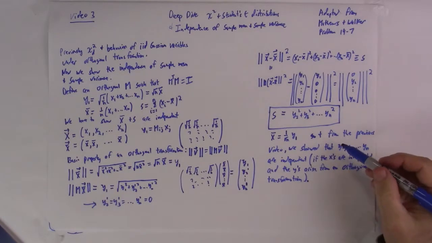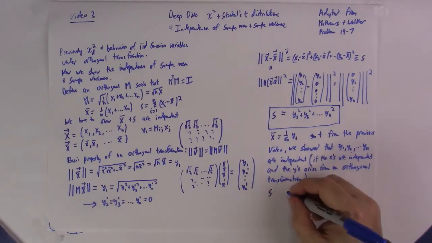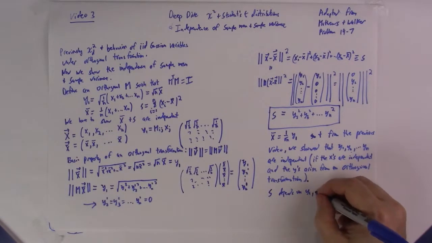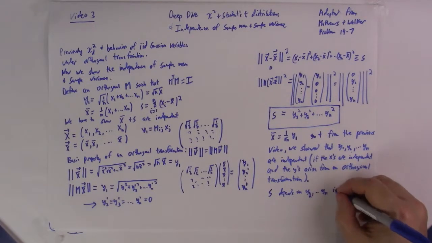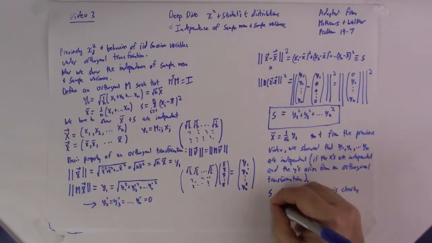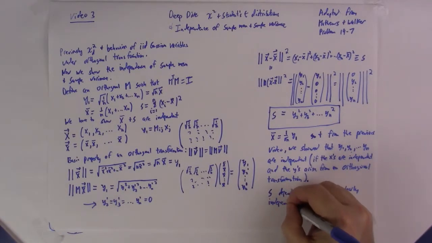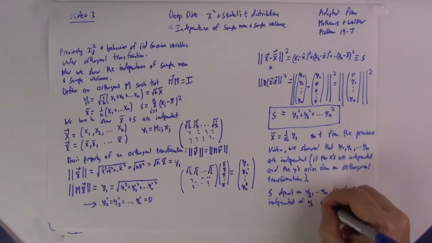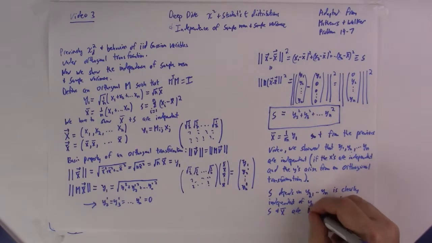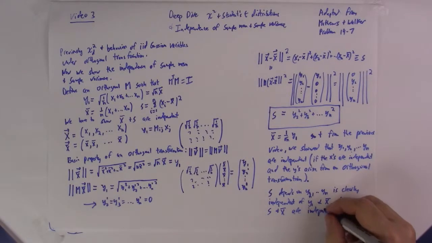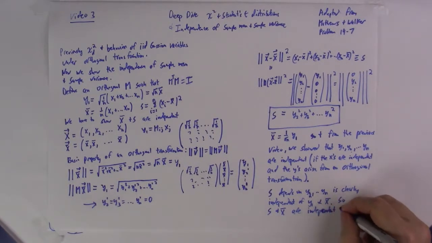So all the y's are independent, and now we've shown, because s depends on y2 up to yn, it is clearly independent of y1, which is proportional to x bar. So s and x bar are independent random variables.